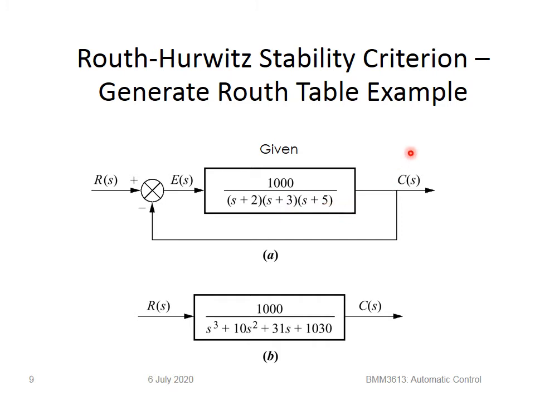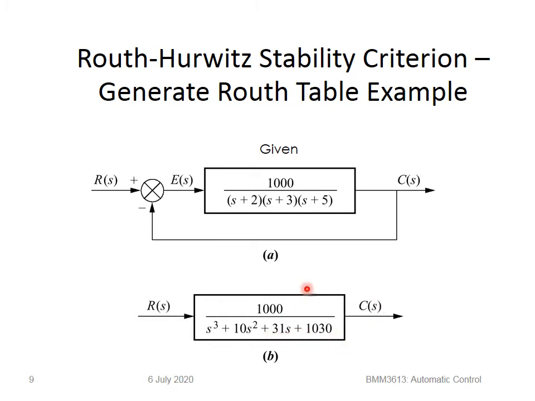To use the Routh-Hurwitz criteria, we need to reduce it into an equivalent single transfer function. By now you know how to reduce it, so you'll get 1000 over s cubed plus 10s squared plus 31s plus 1030.